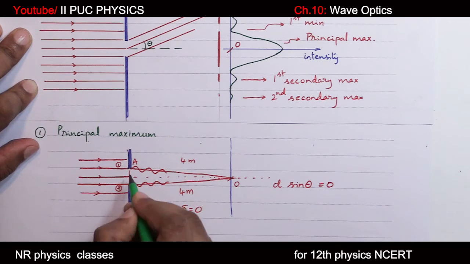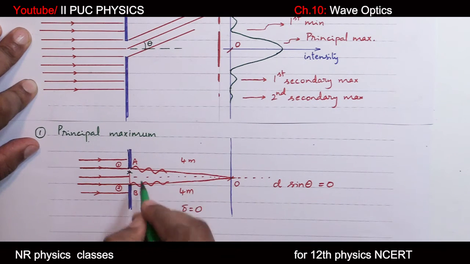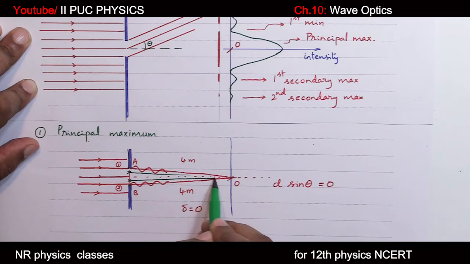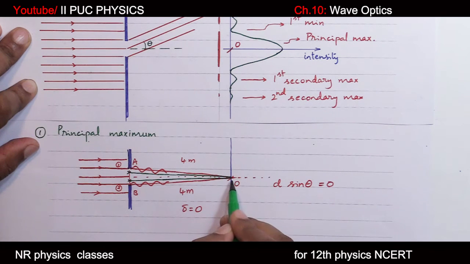Now let me consider a point just below A. I can get another point above B. So waves from these 2 points also travel equal distance to reach O. If they travel equal distance to reach O, then again path difference between these 2 rays is 0. Students, put effort and try to understand, try to follow all the statements.